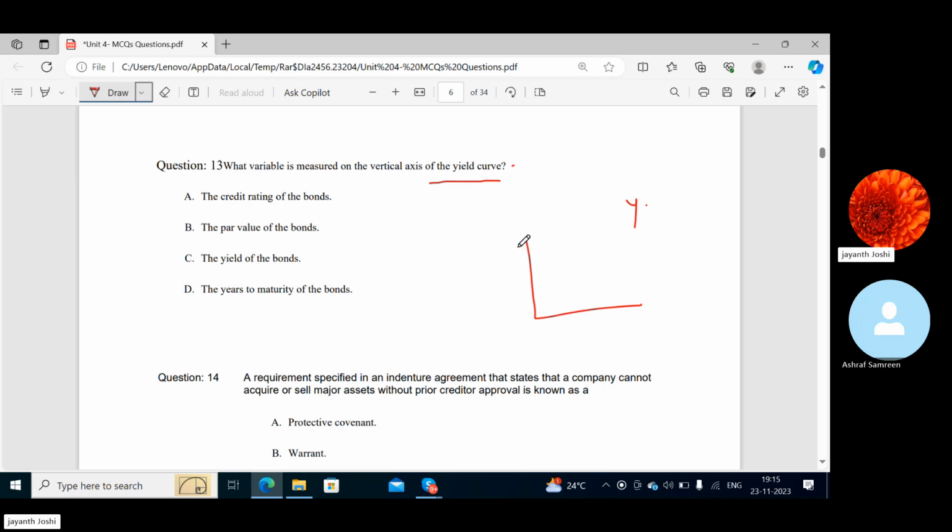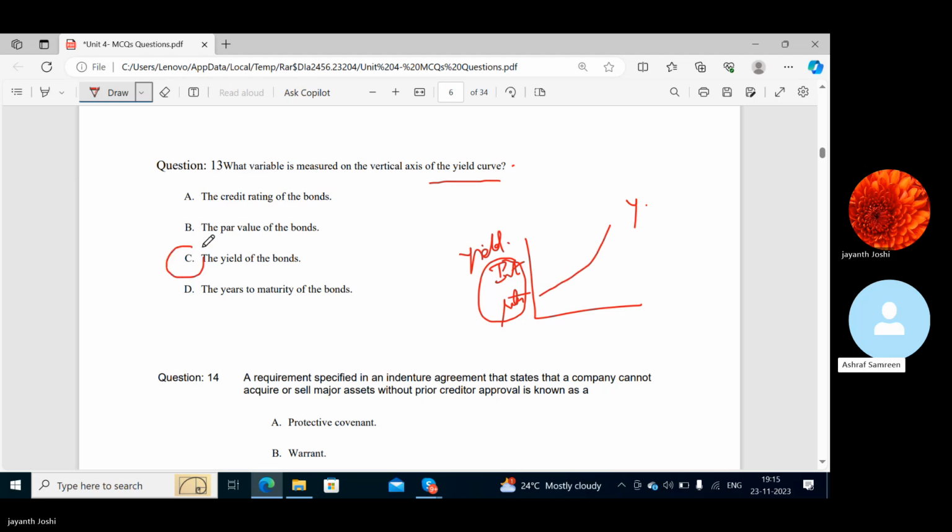What will you see on the vertical axis? It's a yield curve, so it will be showing yield on the vertical axis.